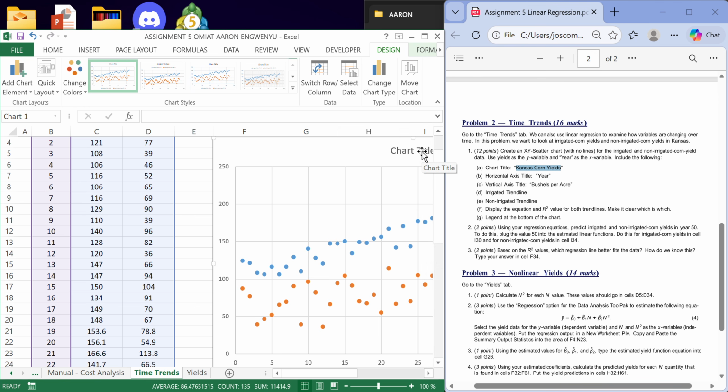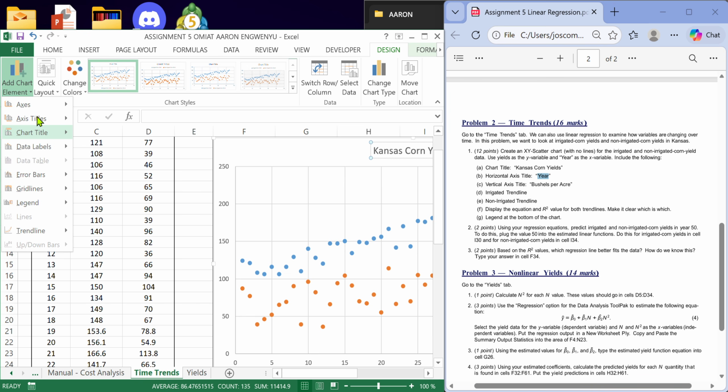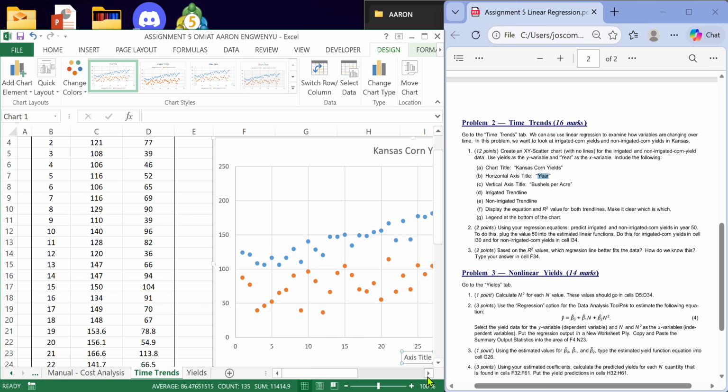Copy, Control V. Then they need the horizontal axis title. Insert axis titles, horizontal. Vertical.